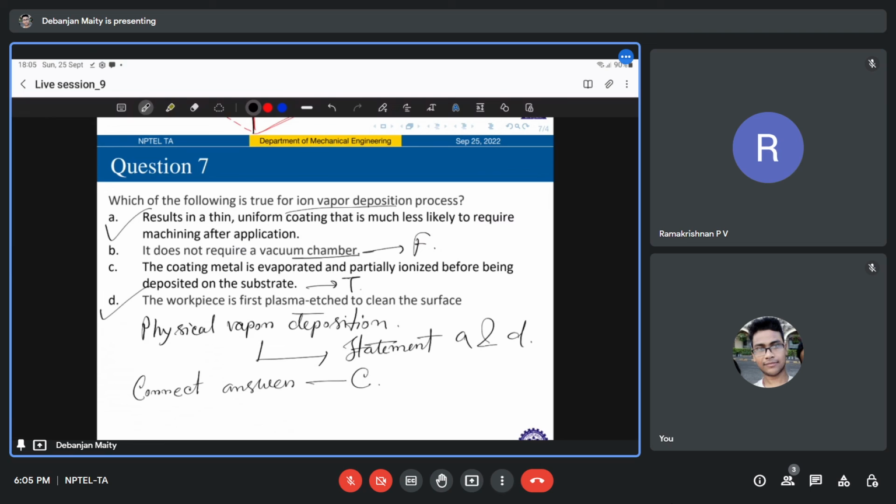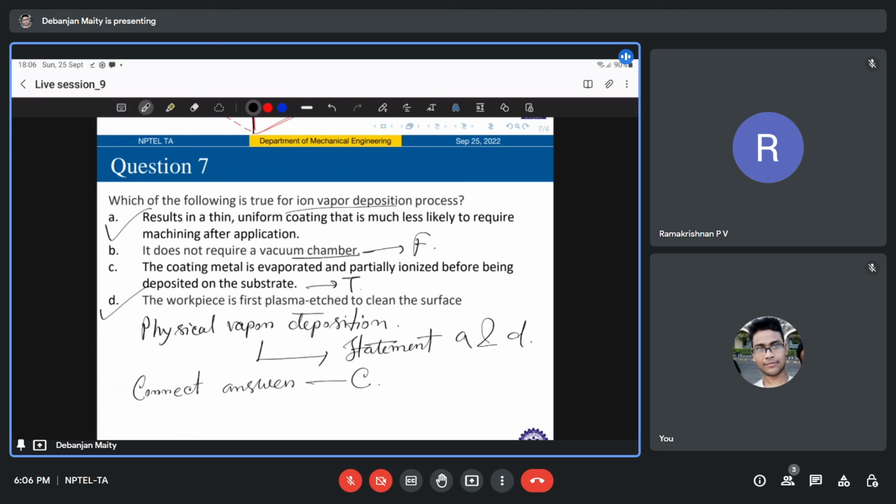There should be some difference between ion vapor deposition and physical vapor deposition in terms of the deposition thickness. I'm not sure whether in ion vapor deposition it is non-uniform or what. But in both cases, there is some kind of evaporation.